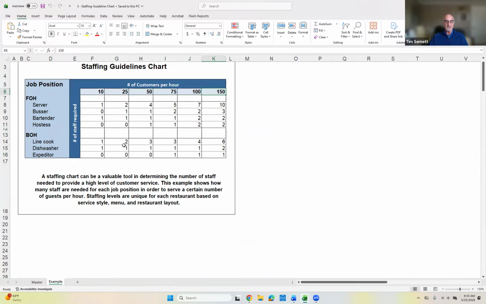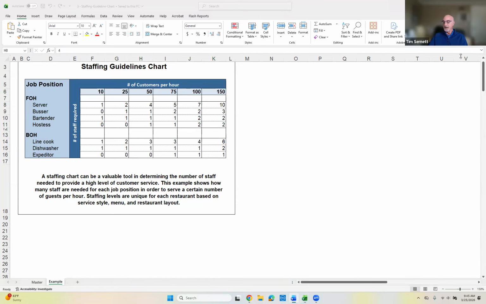And then you analyze by observing your staff in action during those different customer peak periods or low periods, and how many people does it actually take to create the right customer service level that you're accustomed to? How many people does it take at each of these customer counts?